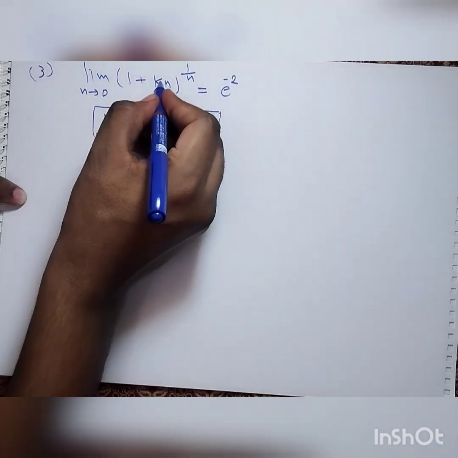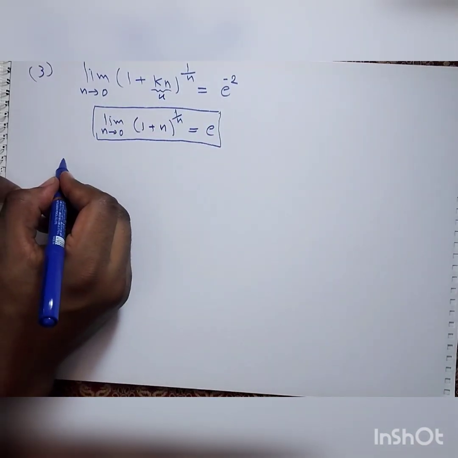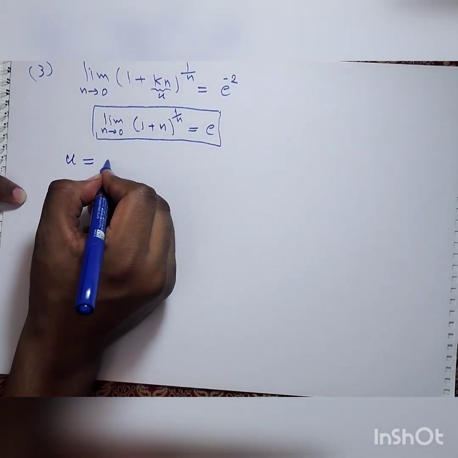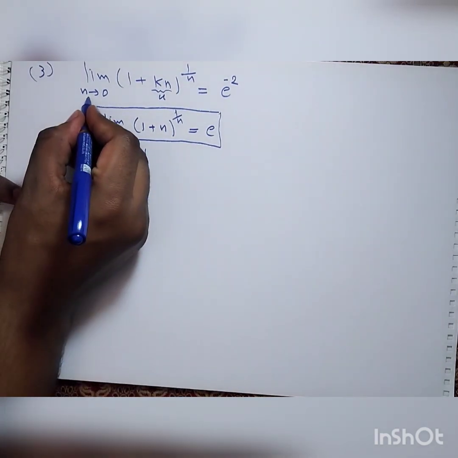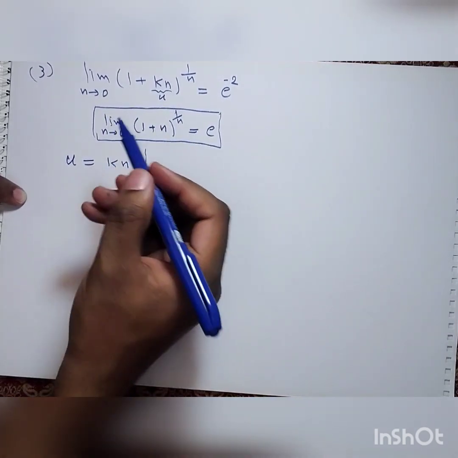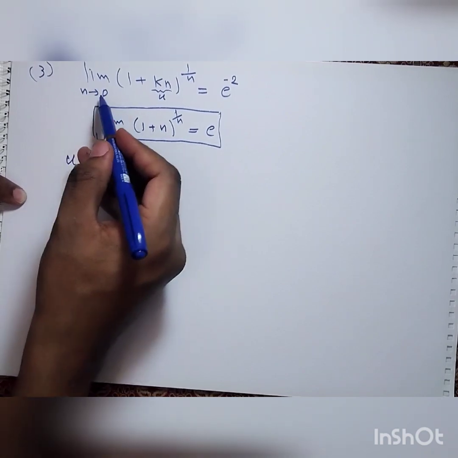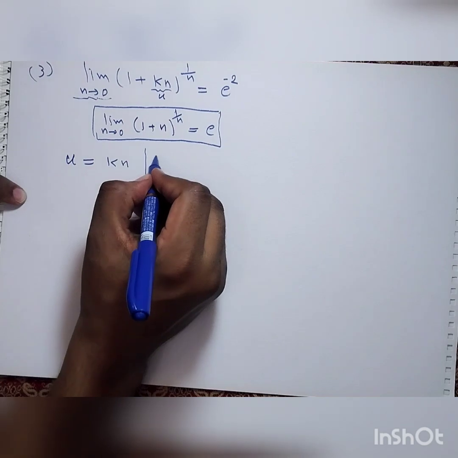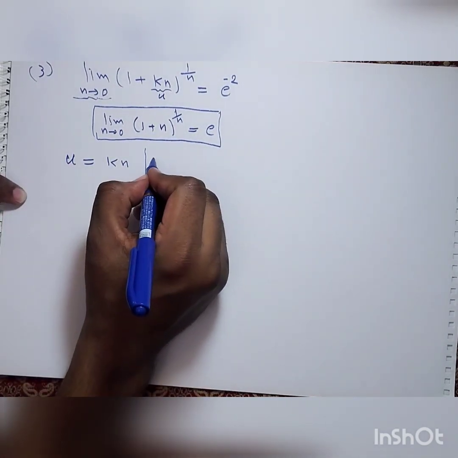So what we will do is replace this by, let us say, u. We assume that u is equal to k times n. Whenever we need to change the variable, like in integration by substitution, we can also change it under the limit.